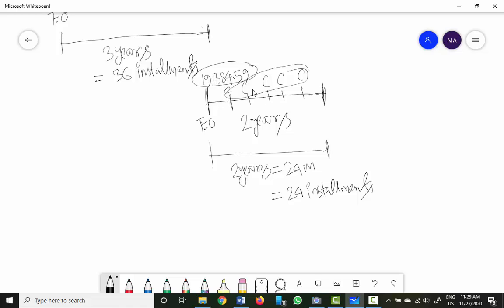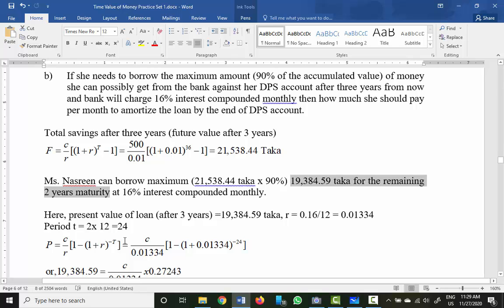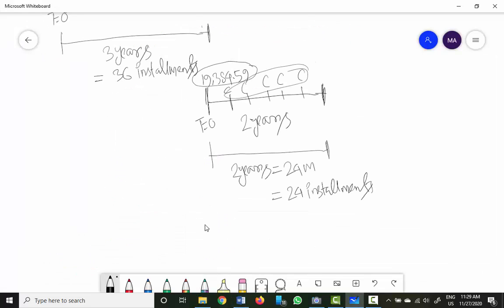She needs to pay off the loan within 2 years. Let us assume that this is the present value of the loan, and she needs to pay it off by making monthly payments. We need to find out the monthly payments for this loan, right?